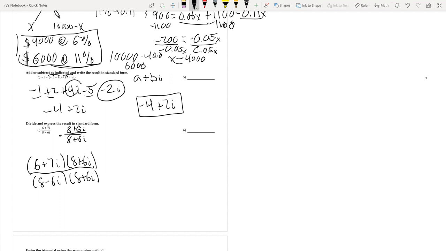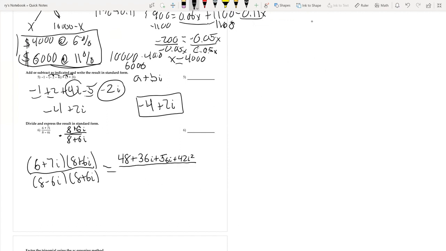So now I'm going to FOIL on both the top and bottom. All right, so the top of my fraction, we have 48 plus 36i plus 56i, and then plus 42i squared.